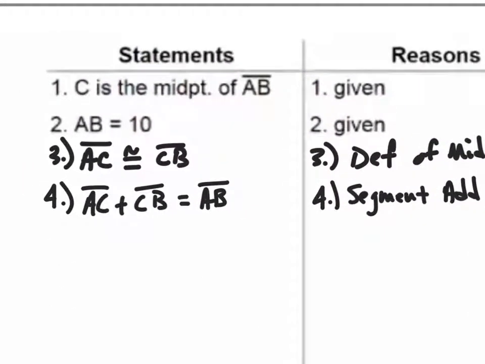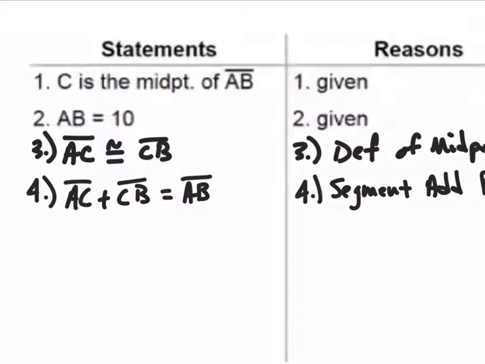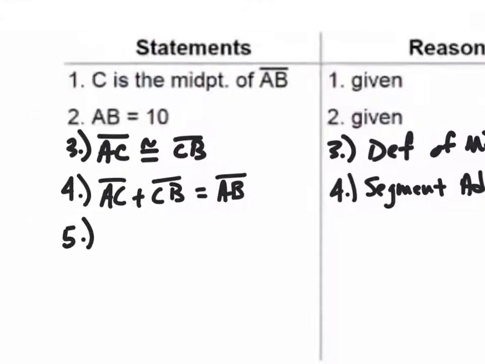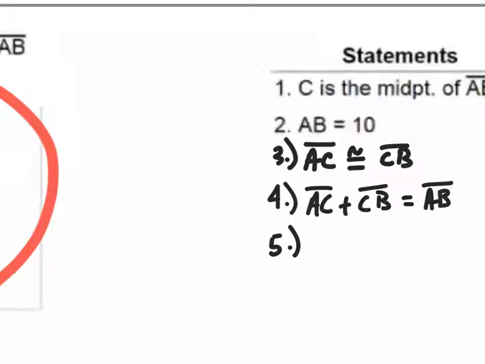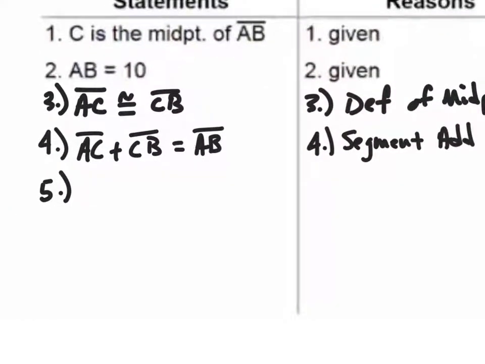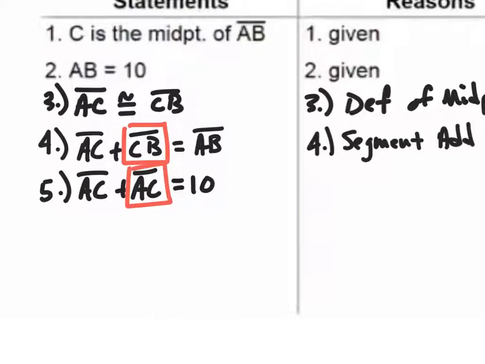Okay, now I know what to do. On step 5, AC is 5 centimeters. So what I want to do is say that segment AC plus segment AC is equal to 10. Now let's think about that. How come I replaced CB with AC? Because they're congruent.